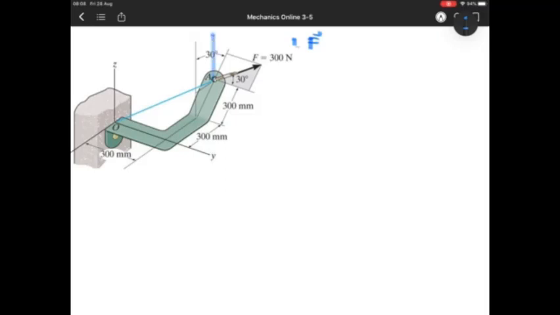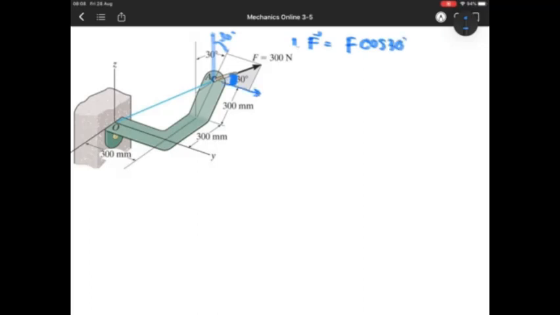So for F, we will use the cosine angle first. F cos 30 will be this term, and it is already on the y-axis, so it should be j here.